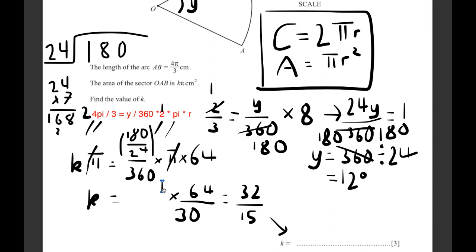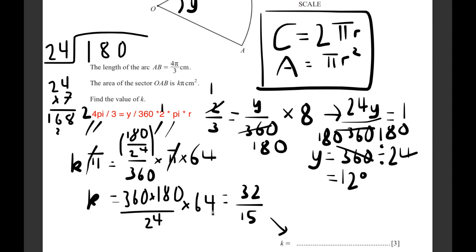Let's get rid of this. Get rid of this. Okay. And there should be some simplifying that should make things a bit easier. So we get k equals 360 times 180 over 24. This looks like a mess though. Times 64.